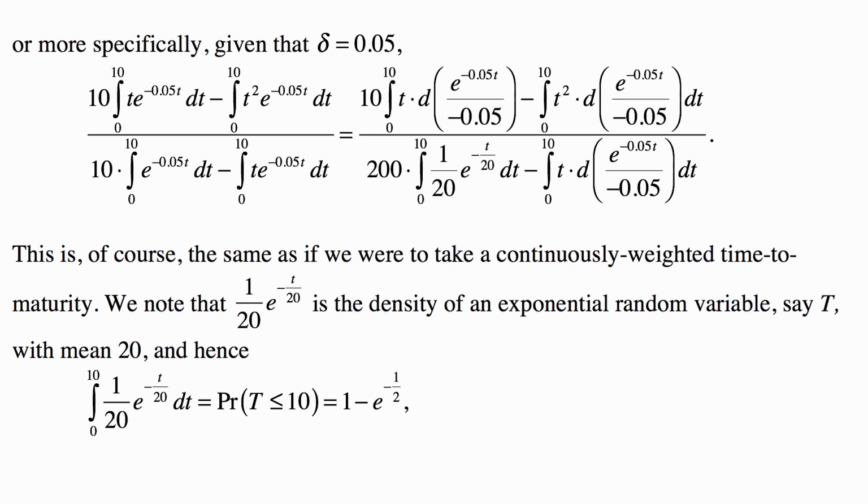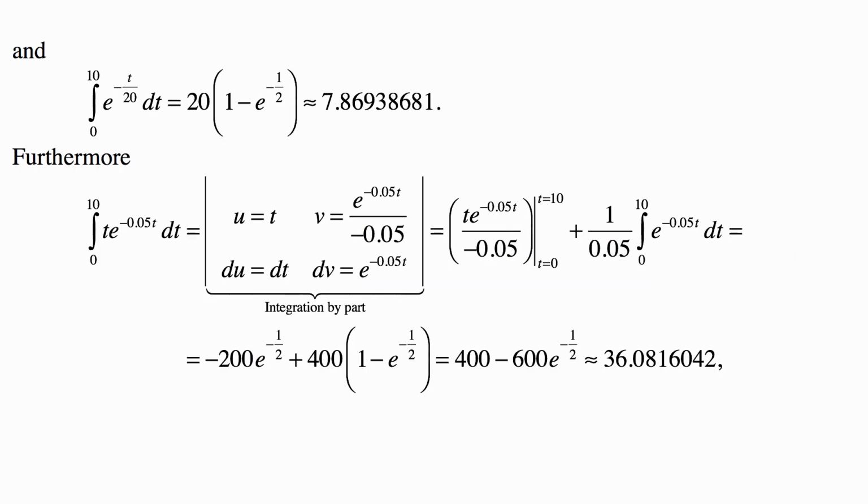So 10 over 20 is 1/2. As a result, the integral from 0 to 10 of e to the minus t over 20 dt is 20 times (1 minus e to the minus 1/2), so approximately the number that you see there.